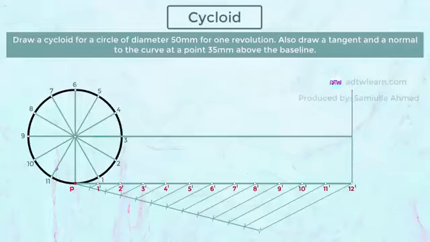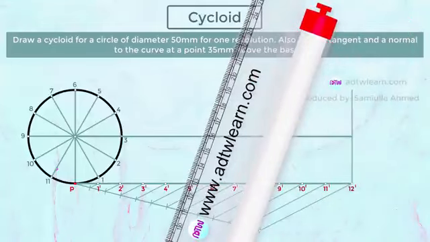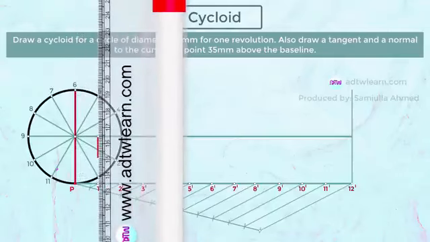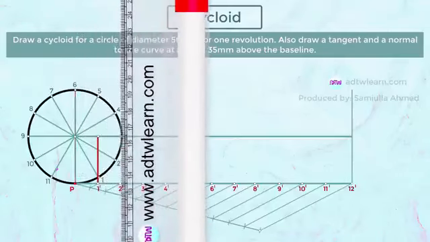Now, as the circle rolls over the baseline, new centers will come on this line. To do that, take the roller scale. Take this vertical line as a reference, and at 1 dash mark the center, and join it with a vertical line. Next at 2 dash, similarly mark the center points till 12 dash.